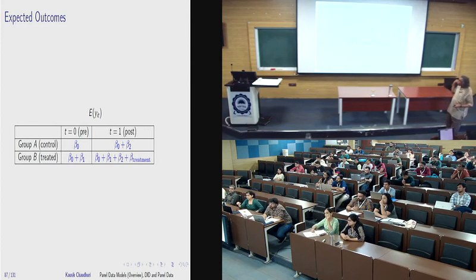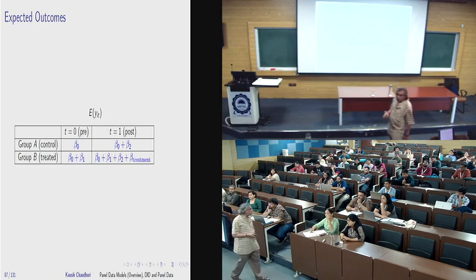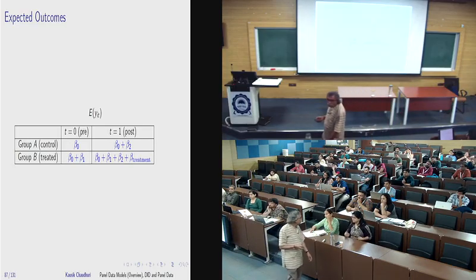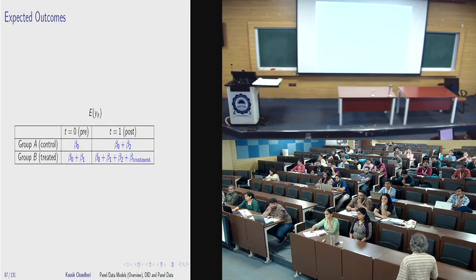For group B, beta 2 plus beta treatment would estimate the post effect. If I now think of DID, it is nothing but beta 2 plus beta treatment minus beta 2. And hence, this is difference in differences in the regression framework. Clear? Simple. Pretty simple.